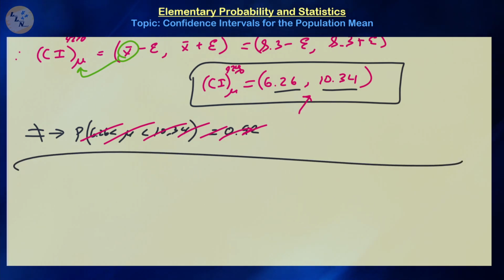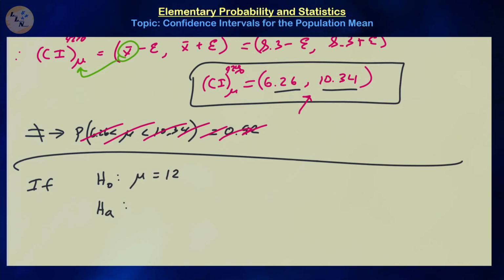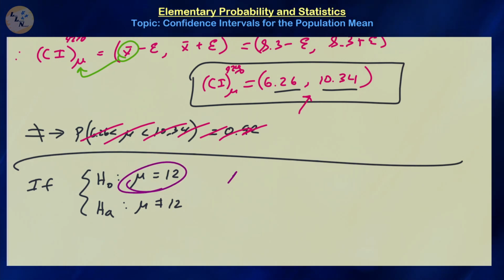So how does this relate to hypothesis testing? Well, let's assume we're working with a null hypothesis that the mu claim is equal to 12, and since we're working with a two-sided confidence interval, that means our alternative hypothesis should also be two-sided. They usually go hand in hand. So the claimed value of mu is 12, right? So mu 0 is equal to 12. And does 12 belong to this confidence interval?